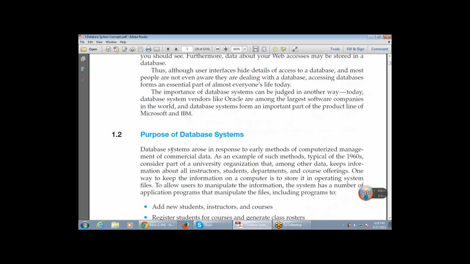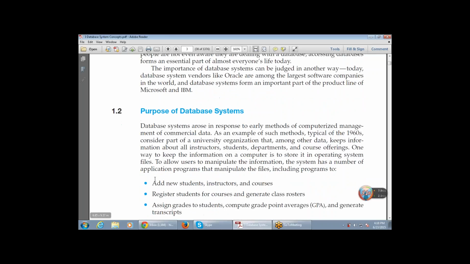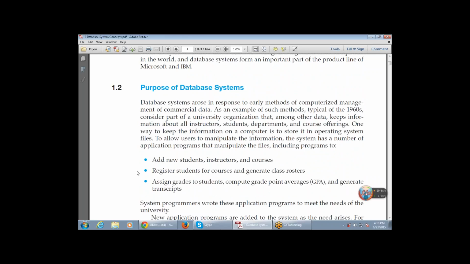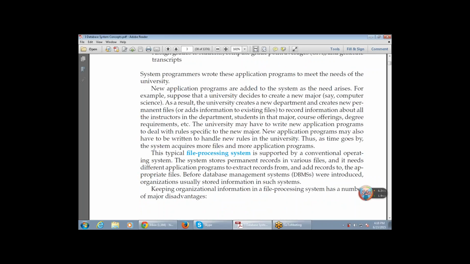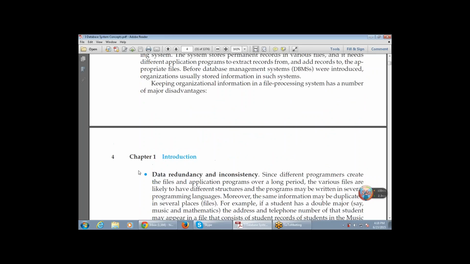There was a requirement for a database system so that we can keep the data at a centralized location, so that it can be updated, or used to provide the relevant data whenever it is needed. That is the main purpose of database systems. And there are various programs, or various purposes, by which we can access the database management systems.